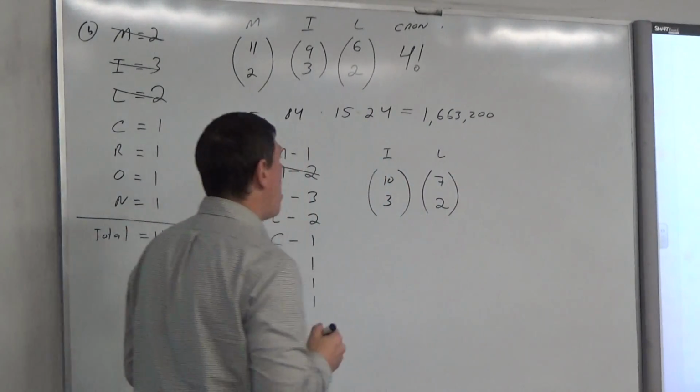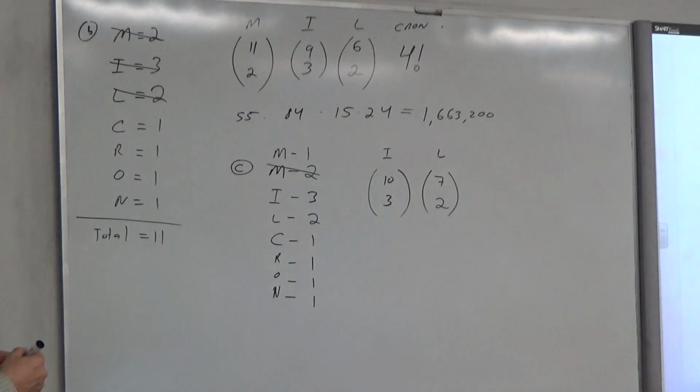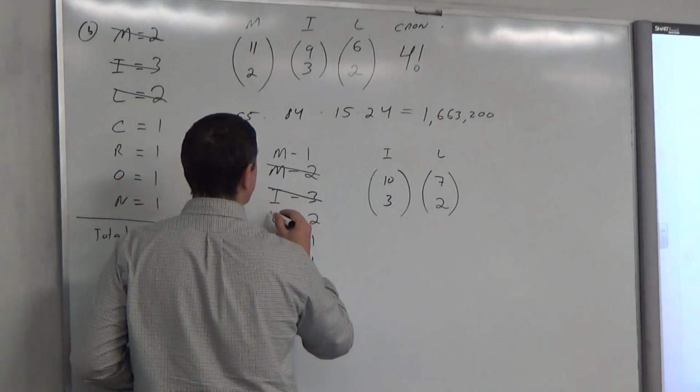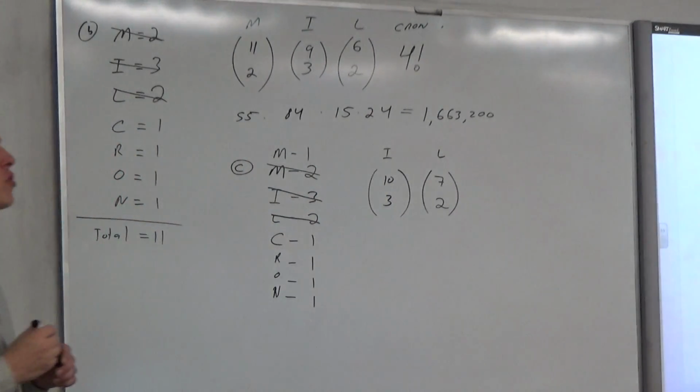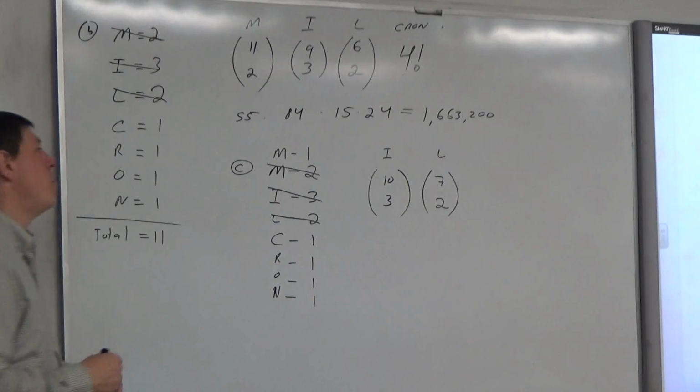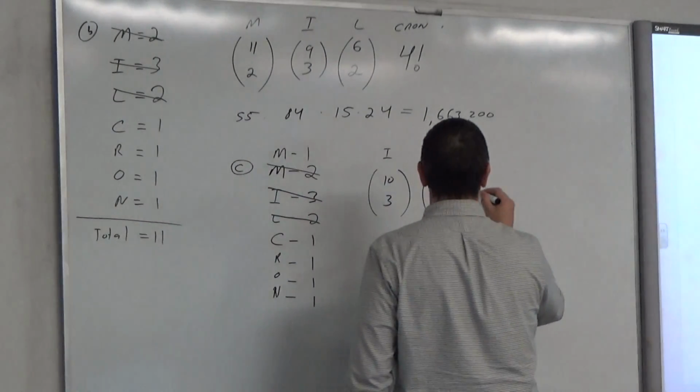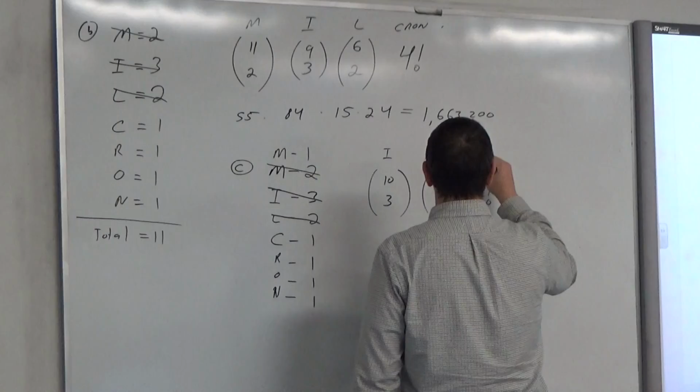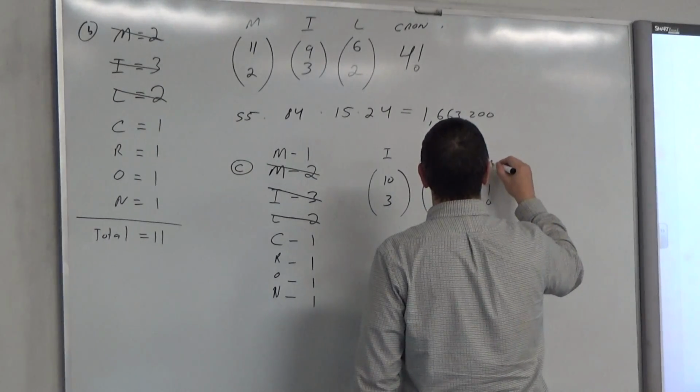We picked 3 of the I's, they're gone, so now we have 7 letters. Of those we want 2. The rest of them are all distinguishable, they're all unique elements. So couldn't we just do 5 times 4 times 3 times 2 times 1, in other words 5 factorial, for the MCRON?